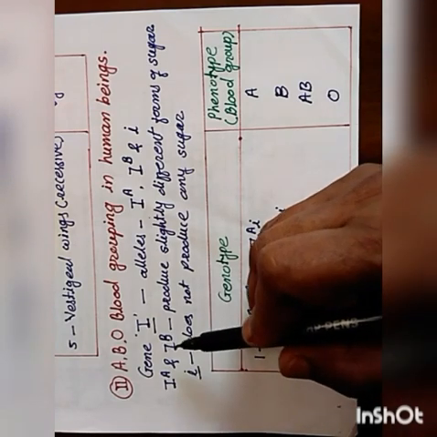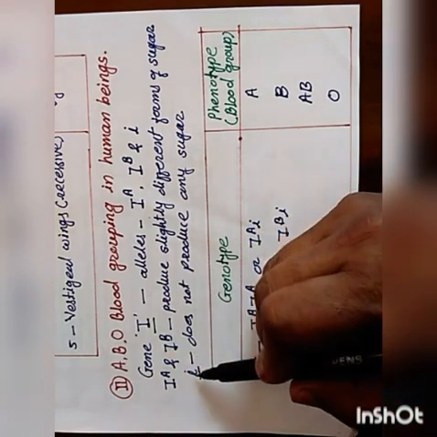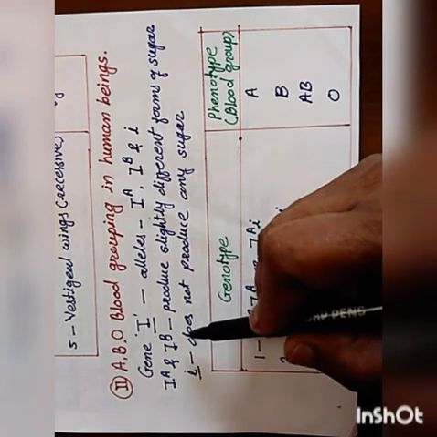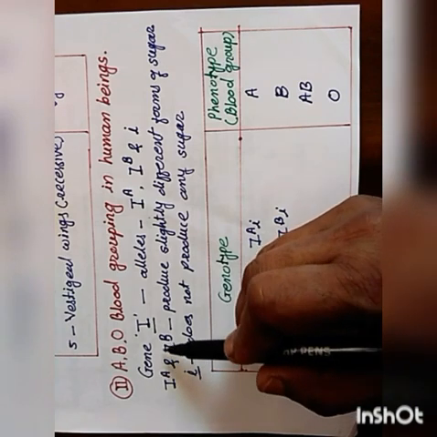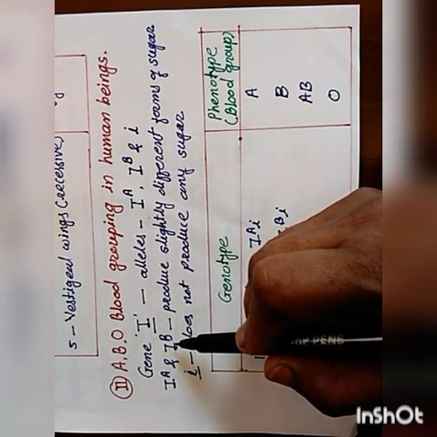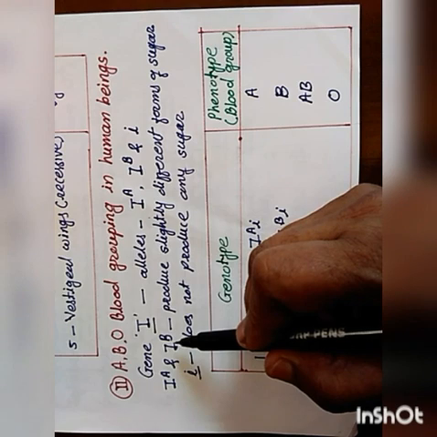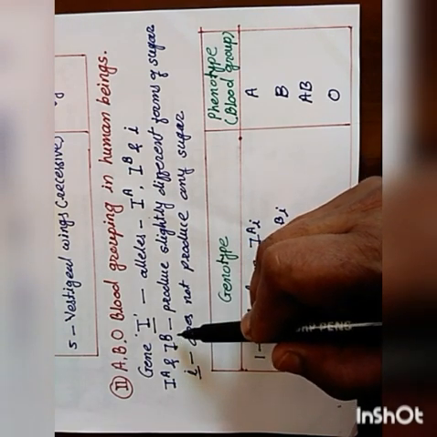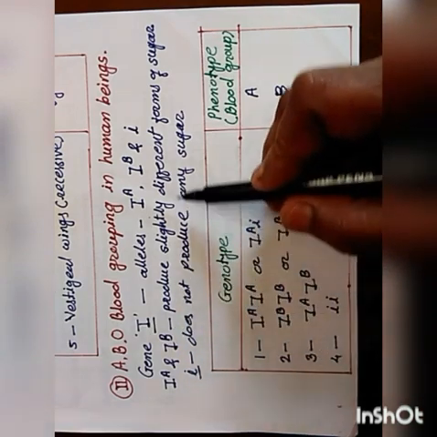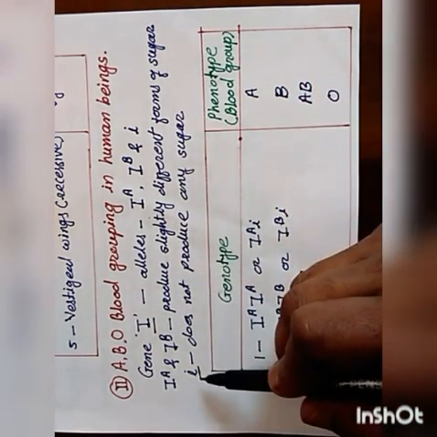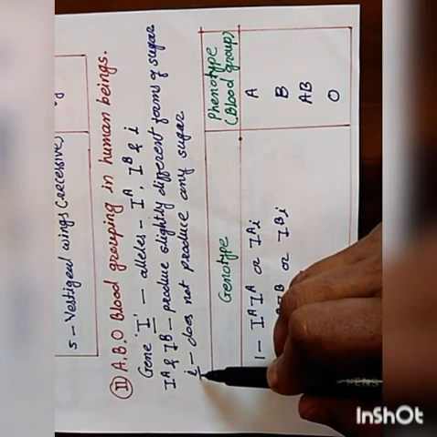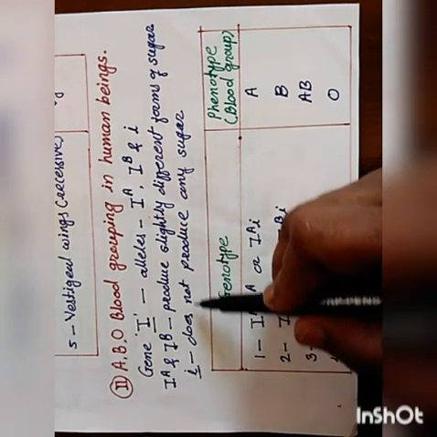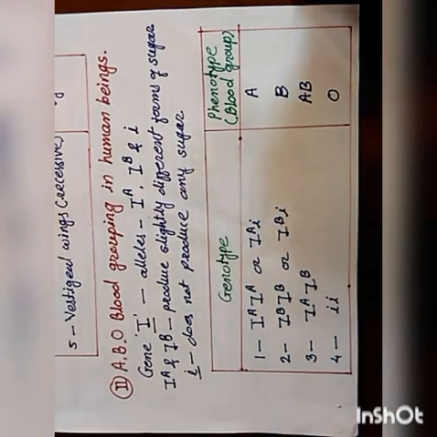While when IB and the i allele are present, then in this case the IB allele expresses its character only, means this IB allele produces its particular type of the sugar, because this i doesn't express its character, means it does not produce any type of sugar.